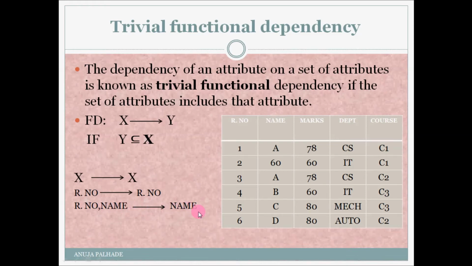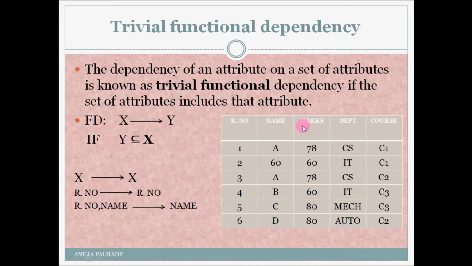So this is the trivial functional dependency. If I say marks, department determines course, there is no subset here, so this is not a trivial functional dependency. If I say department and course determines course, yes, now course belongs to the X set, so this is trivial.